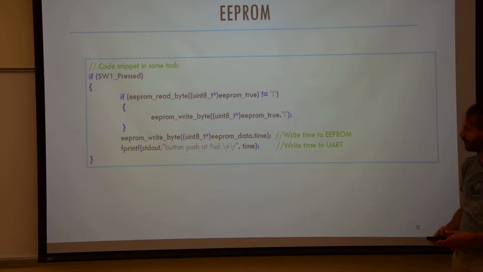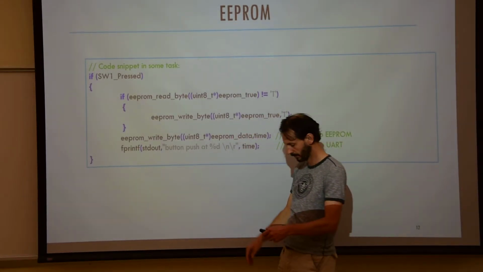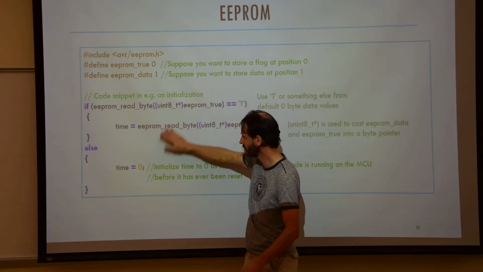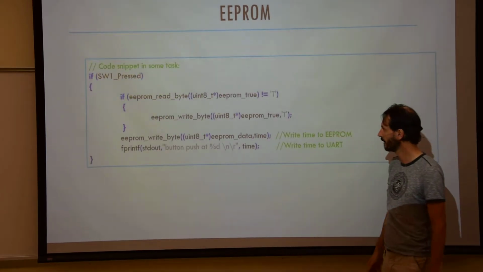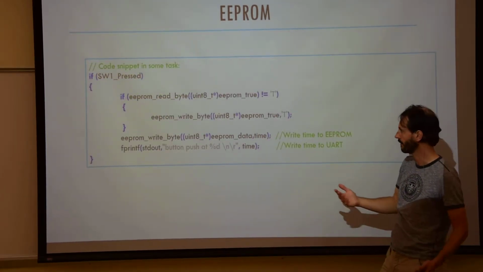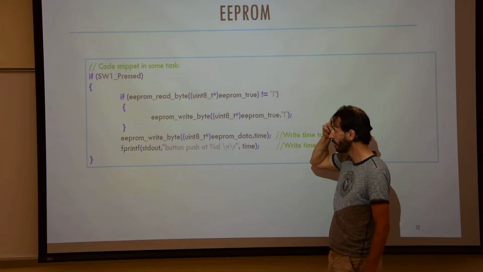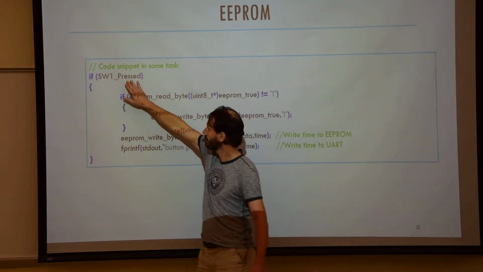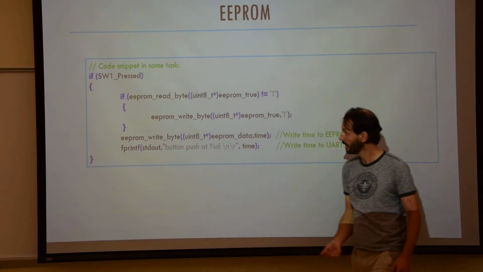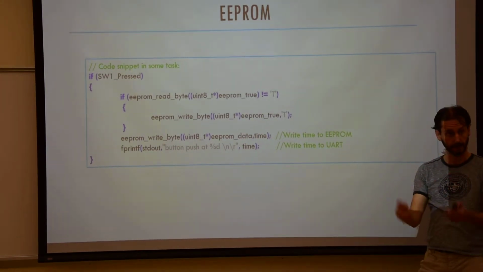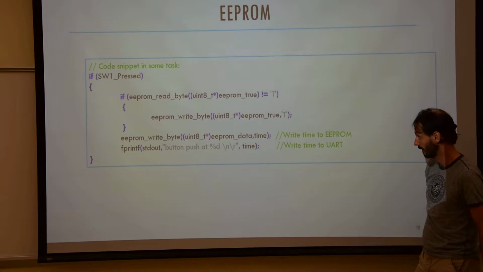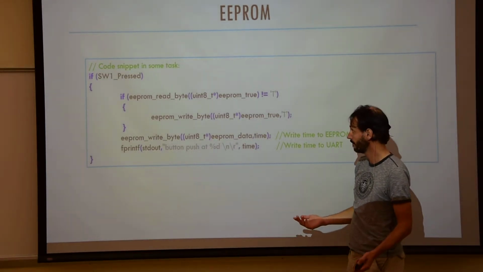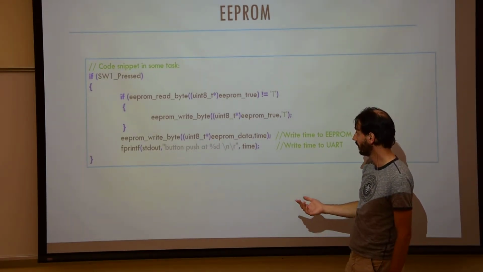So, for example, look, we use this code snippet, and we're using a slightly different way over here. For example, suppose in this piece of program we have a button push, and if that happens, then I want to make a snapshot of some variable.